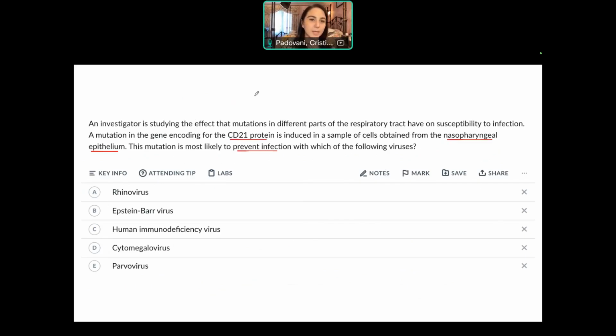So we are basically mutating the CD21 protein. So if you get rid of CD21, which virus can't you be infected with? You need to be 21 to enter a bar.